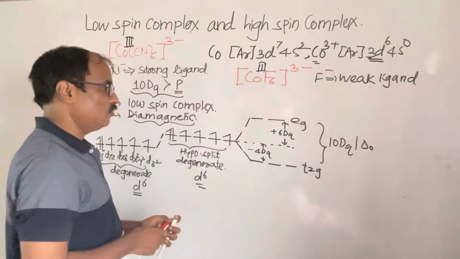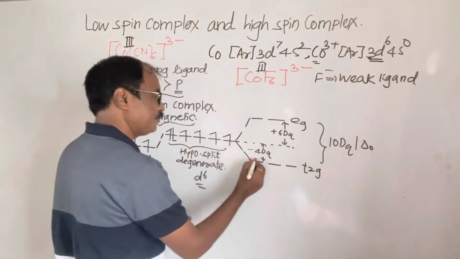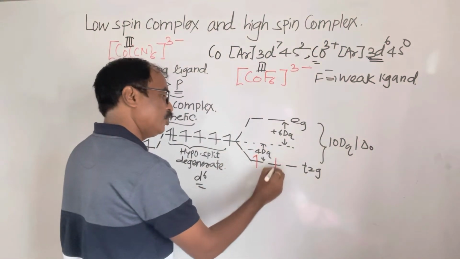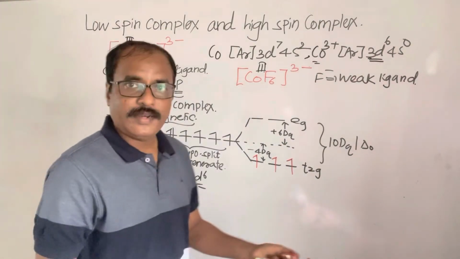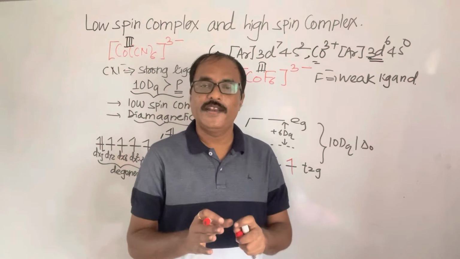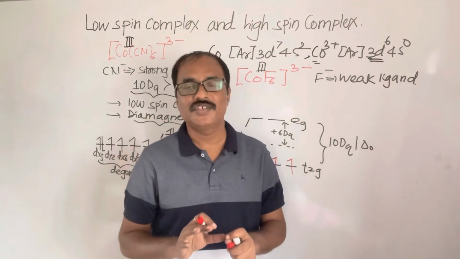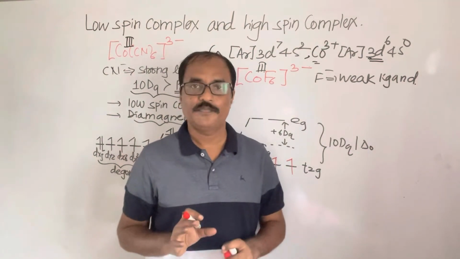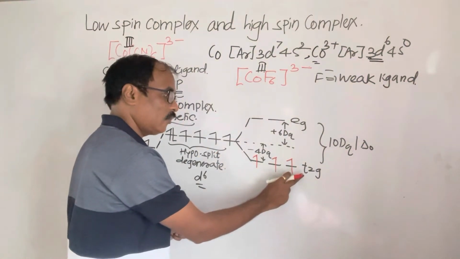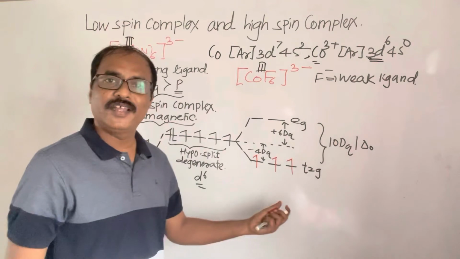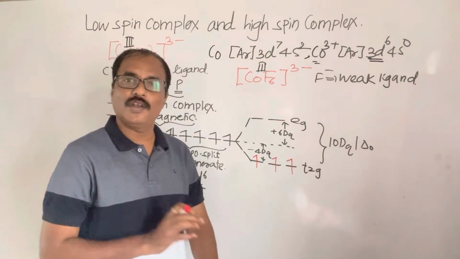First 3 electrons enters in t2g. 1, 2, 3. I just said crystal field theory follows Hund's rule of maximum multiplicity. Since first 3 electrons enters in lower energy level atomic orbitals, इनकी energy कम है, and it follows above principle.